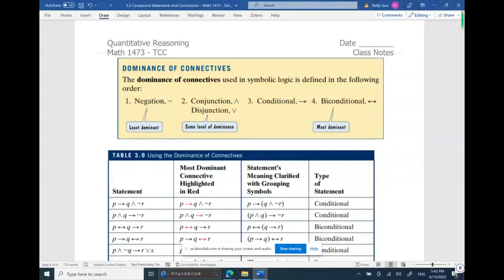And you need to understand this part. Very important: the biconditional has the strongest dominance, followed by the conditional. Conjunction and disjunction have the same level of dominance. They are weaker than the conditional, but stronger than negation. Negation has the weakest dominance.